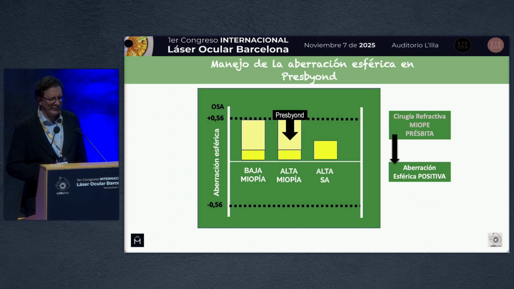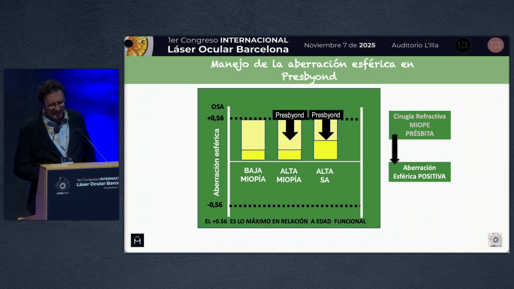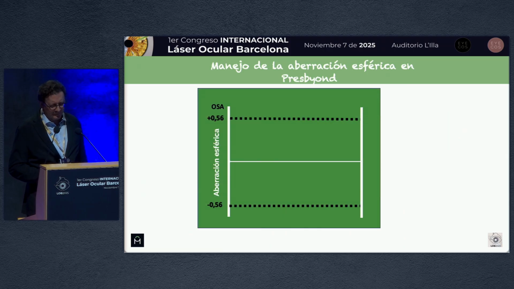If there's high SA, it's the same. The technique lowers it. That's as far as myopia goes. That's the maximum target at the functional age. The higher the functional age, the higher the target. It's usually never 0.56, because then we would be talking about patients aged 60 or more.